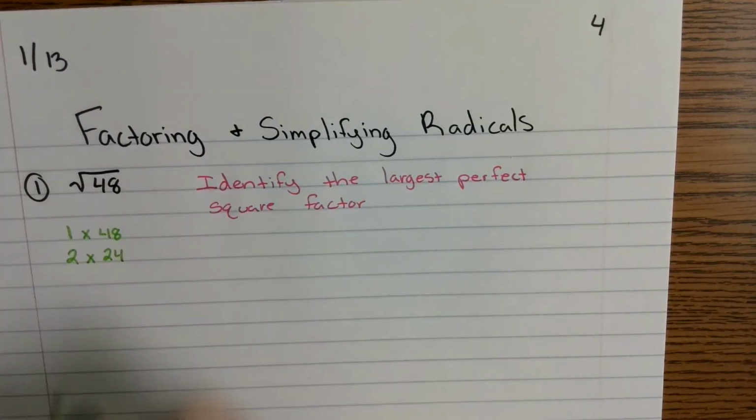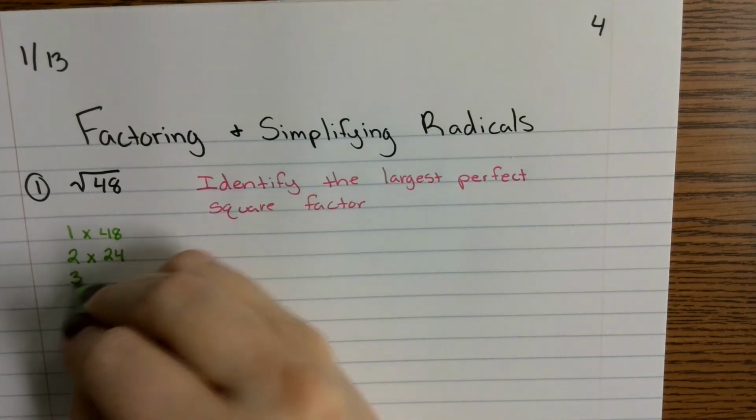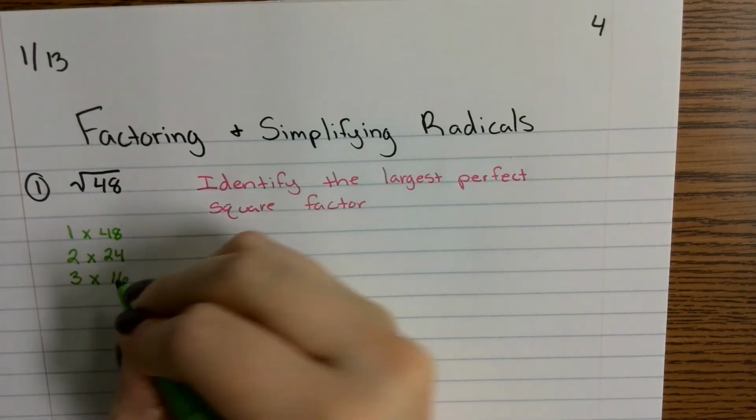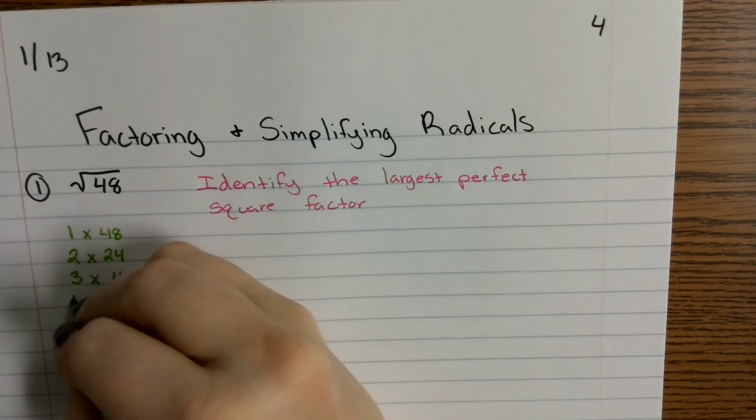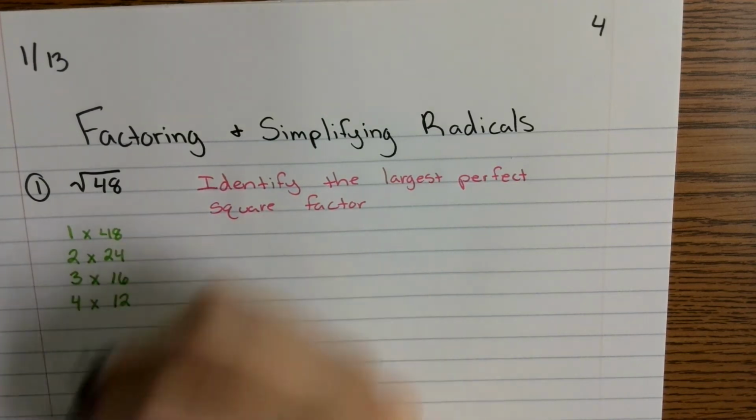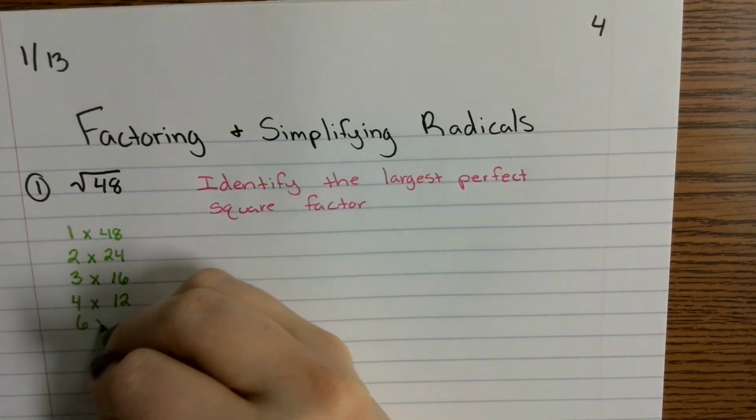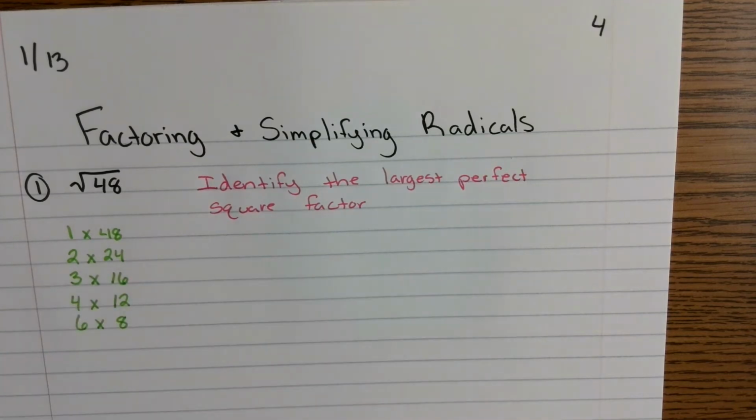Then you just keep listing the factors. It's also divisible by 3. We have 3 times 16. You have 4 times 12. And you have 6 times 8. These are all the factors that make up 48.